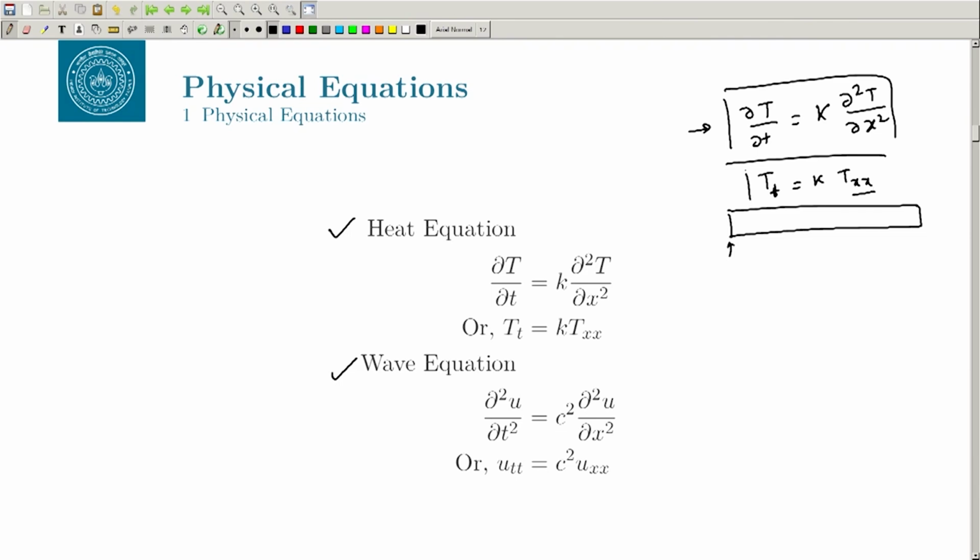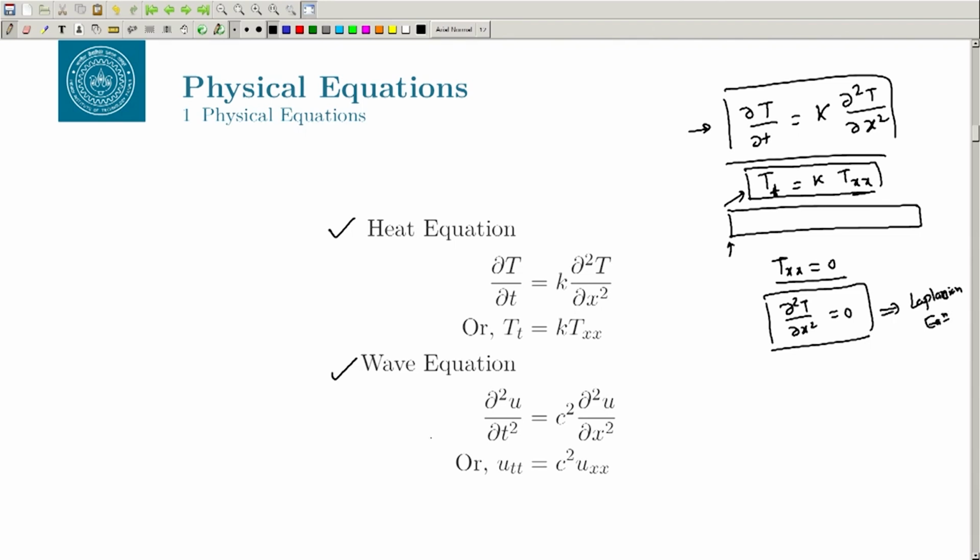So, this is your unsteady heat conduction, okay, and if it is a steady state heat conduction, then this T t term goes away and what you have is T x x equal to 0, right, which is nothing but del squared T by del x squared is equal to 0, right. And this is a very well known equation that you know as the Laplace equation. Okay, this is the form of a Laplace equation.